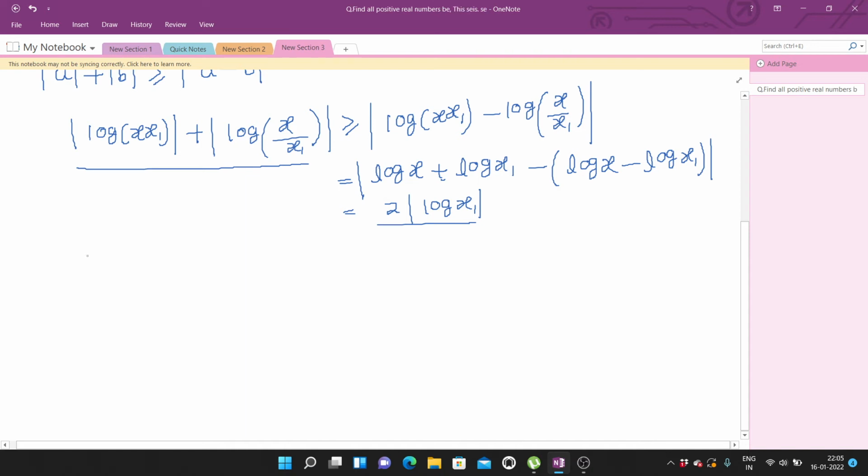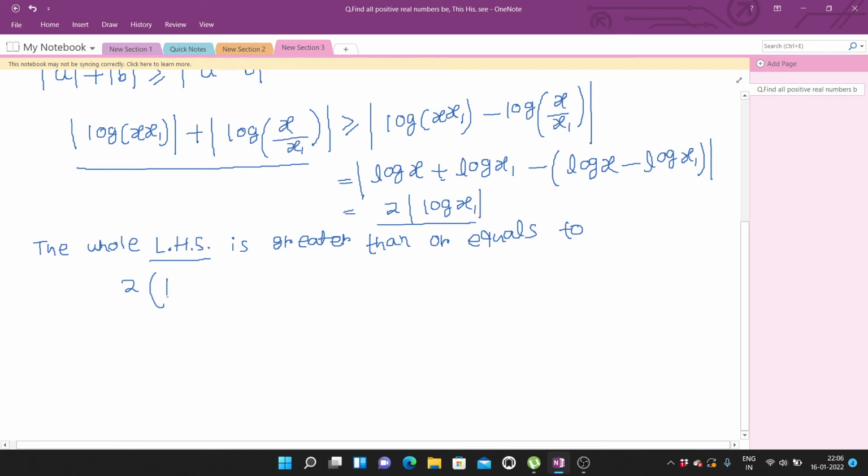So I can say the whole LHS is greater than or equal to these terms.